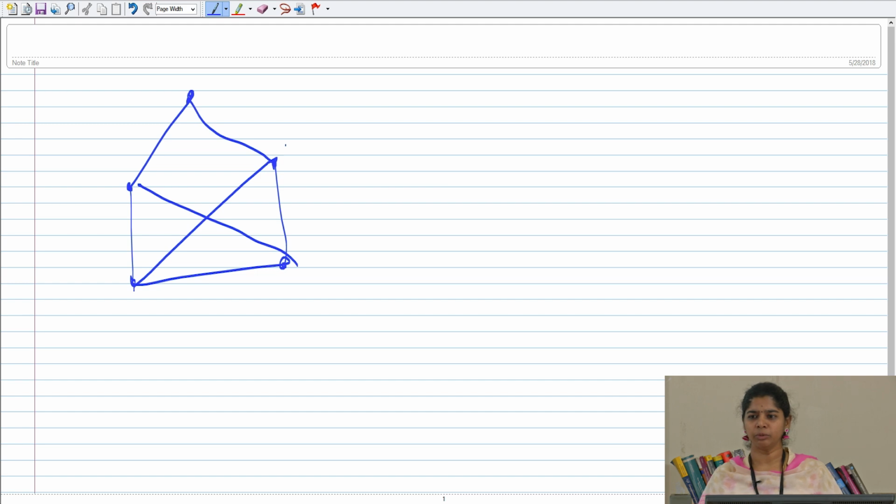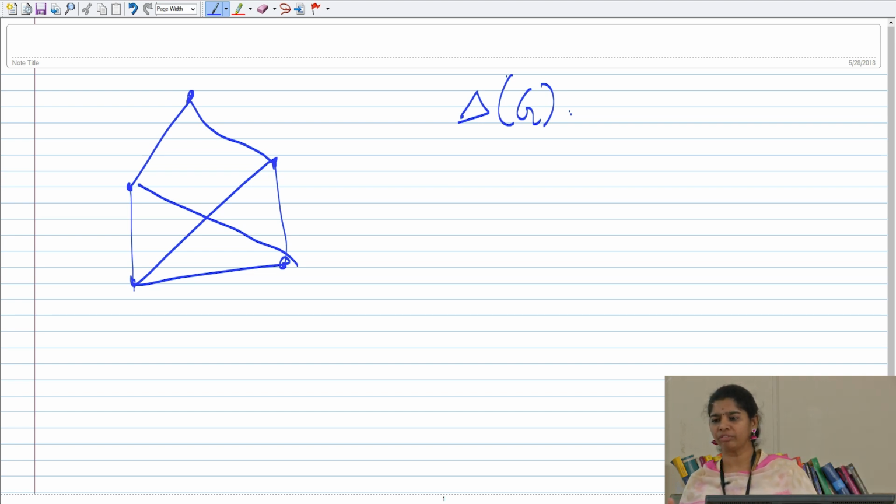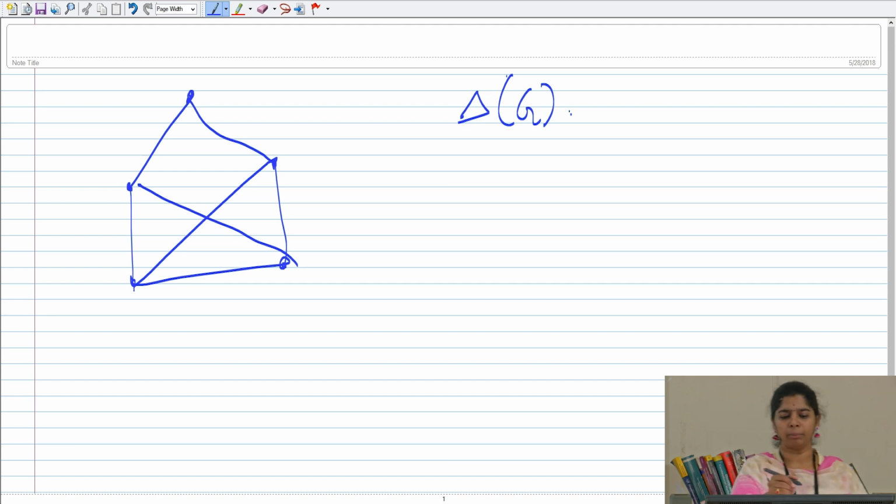How many colors does this graph require for edges? Max degree, delta of G. Here again the minimum number of colors is what we are targeting. The minimum number will be called the edge chromatic number or chromatic index. We also represent it by chi prime.